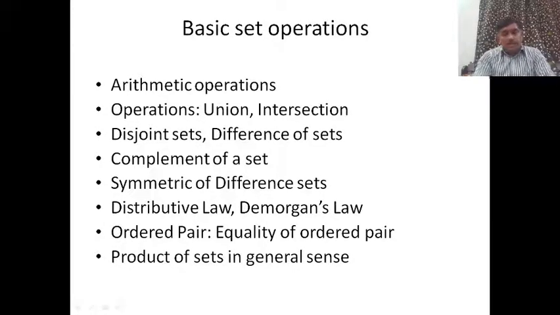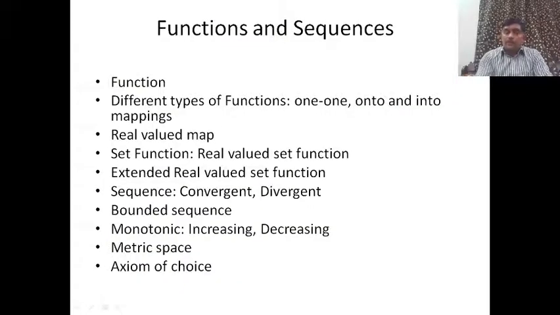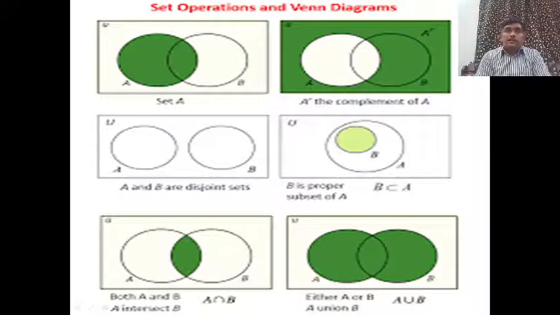You know that union and intersection mean, here let A be a set and B another set. Then A union B means the set of all x such that x belongs to A or x belongs to B. Any one of them will be in their union.